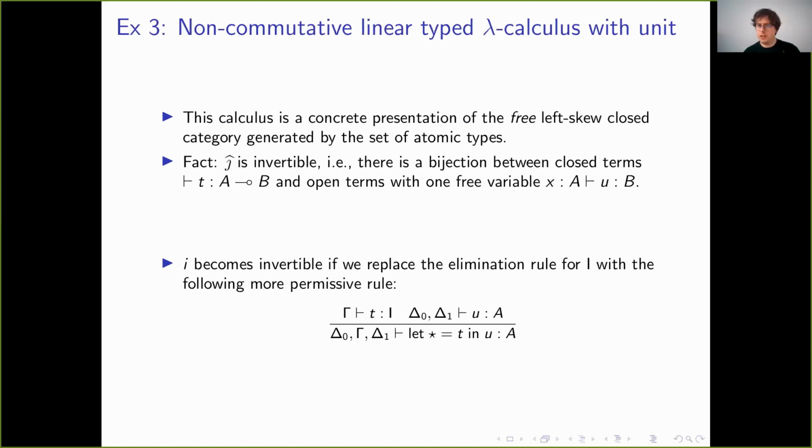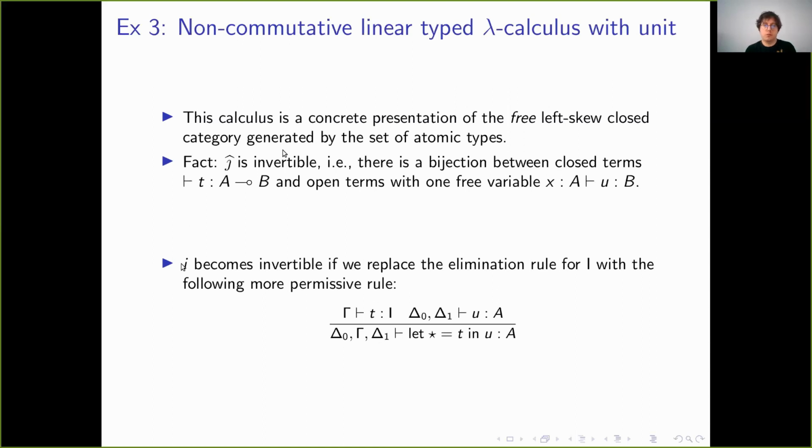And what does it mean in this setting? It means that there is a bijection between closed terms of type A log B, so closed functions, and open terms of type B with one free variable in A. So this is what the invertibility of j hat tells us in this setting.